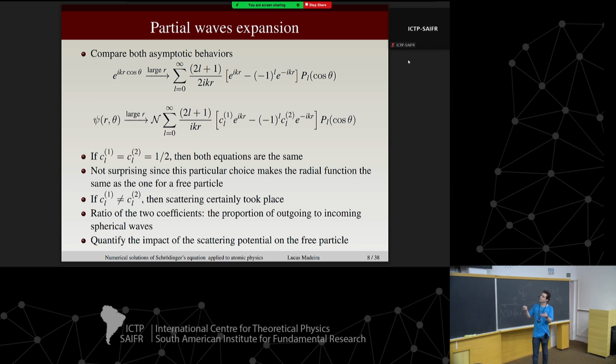And what's important, really, is the ratio between those coefficients. They're telling me something about the scattering that took place in that region, okay? So these coefficients are what quantify this impact of scattering. Is this okay? Is this new to you?